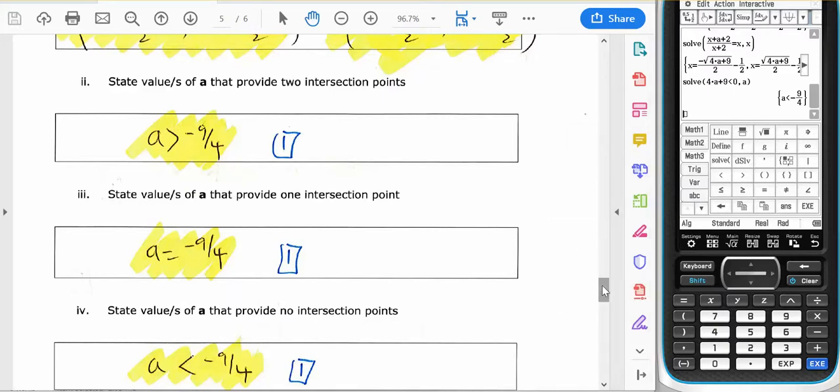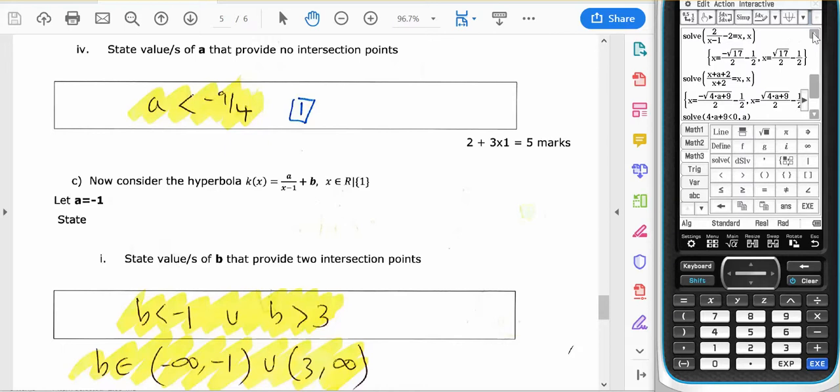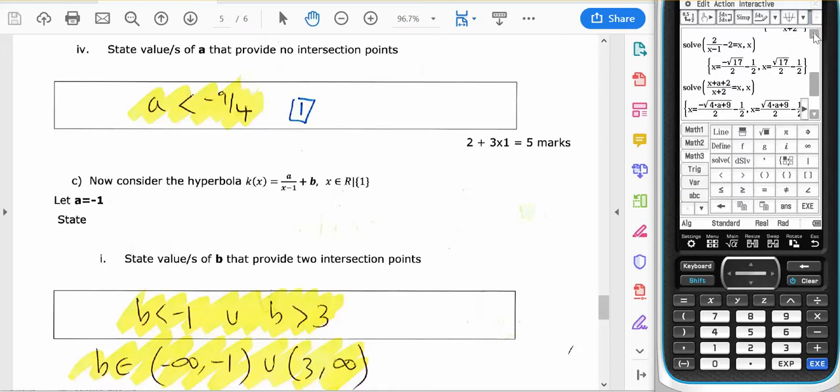Okay. Over the page, we then have a parameter b involved. And that parameter b is up here. So if I do the same steps, I've got plus b, so I write plus b.